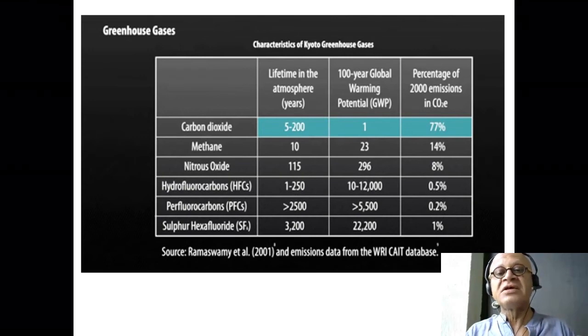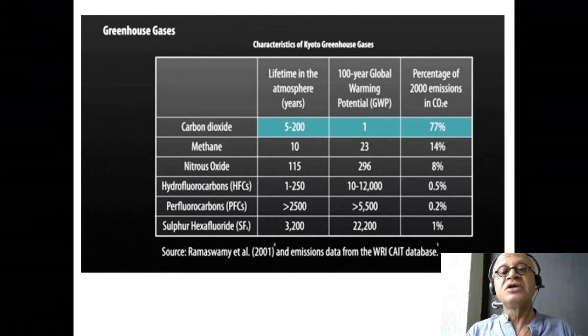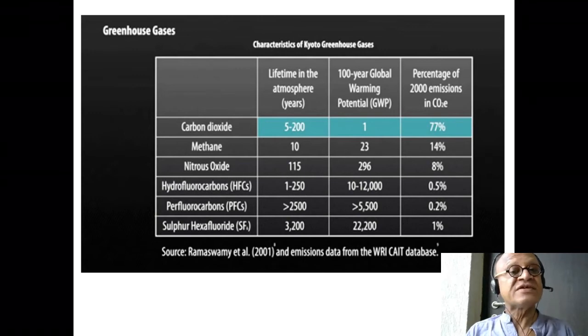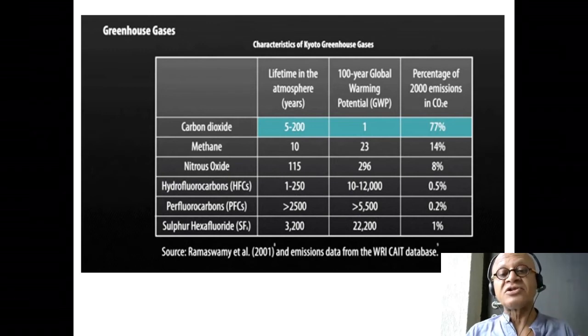So methane, carbon dioxide is 1 again by definition. Methane is 23 over a 100-year period. Nitrous oxide almost 300. HFCs, which I had mentioned, based on the various factors, can be 10,000 to 12,000 times the carbon dioxide.